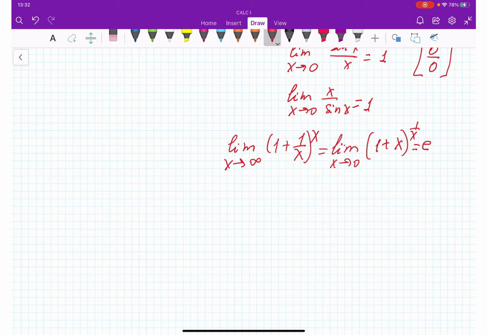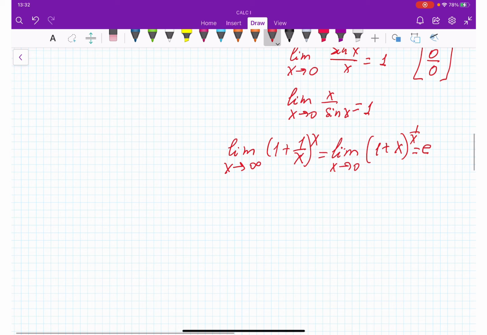Now this limit that is equal to e we use when we get the form 1 to the power infinity.